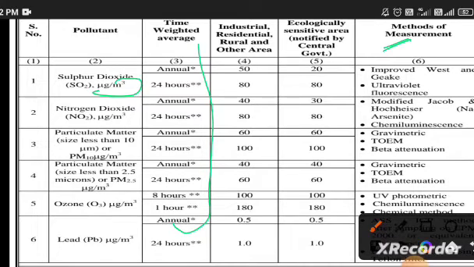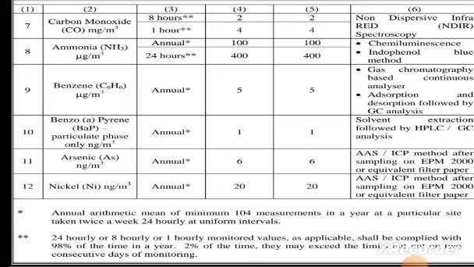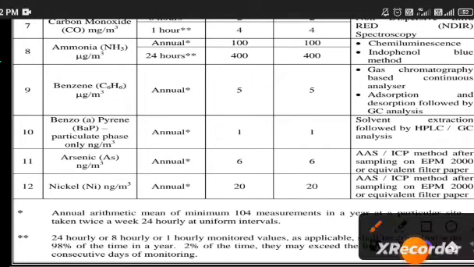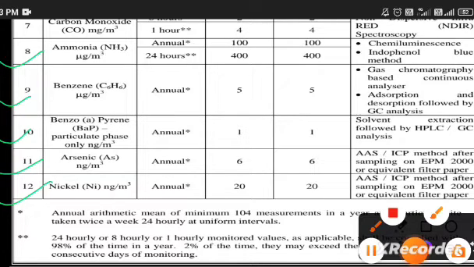There are 12 pollutants which are included in ambient air quality standards. First is sulfur dioxide, second is nitrogen dioxide, third is particulate matter 10, fourth is particulate matter 2.5, fifth is ozone, sixth is lead, seventh is carbon monoxide, eighth is ammonia, ninth is benzene, 10th is benzopyrene, 11th is arsenic, and the last one is nickel.